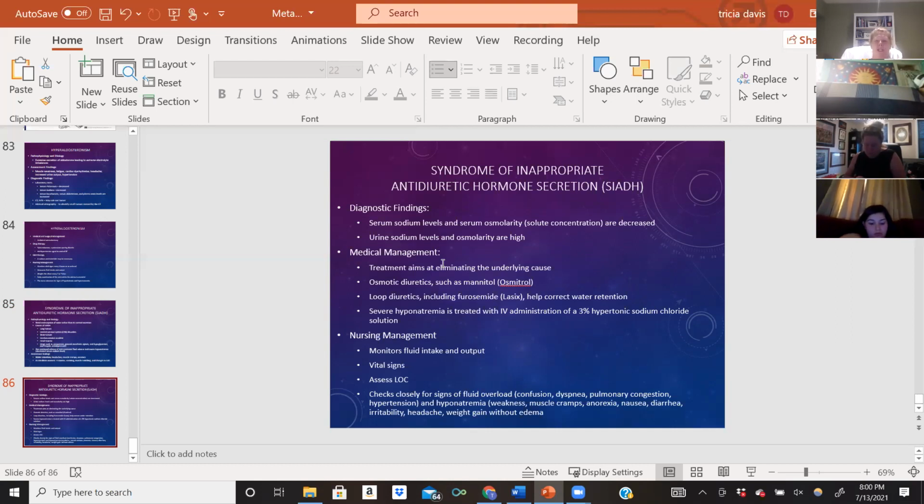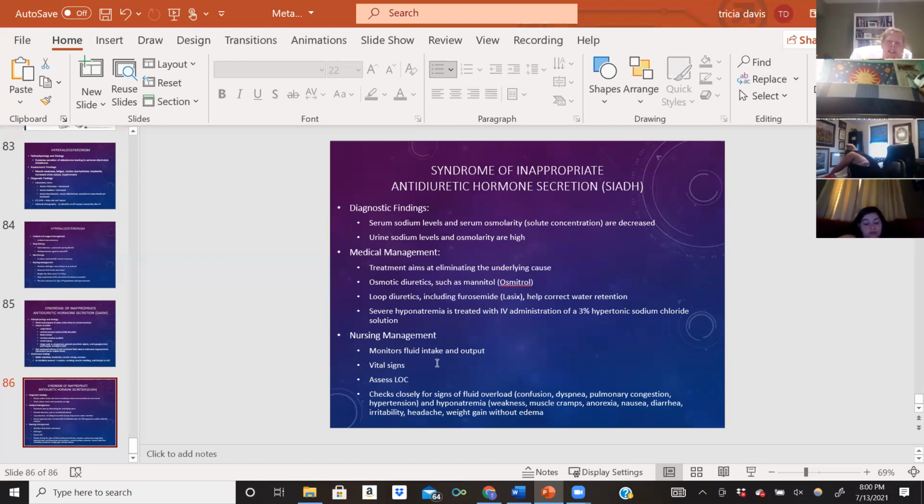So if these patients are on any kind of diuretics, we're going to be really strictly monitoring their I's and O's, because that's the only indicator other than looking at their edema that we can tell that they're getting this fluid off. Severe hyponatremia is going to be treated with an IV administration of 3% hypertonic sodium chloride.